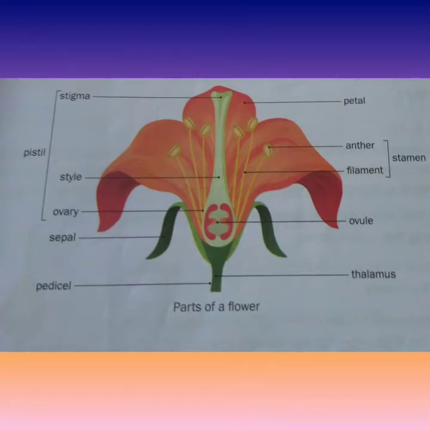Style. It's a thin, long tube-like structure that connects the stigma to the ovary. Ovary is the swollen base of the pistil. It contains ovules. The ovules contain the egg or the female gametes. Some people ask how fruit grows from a flower.